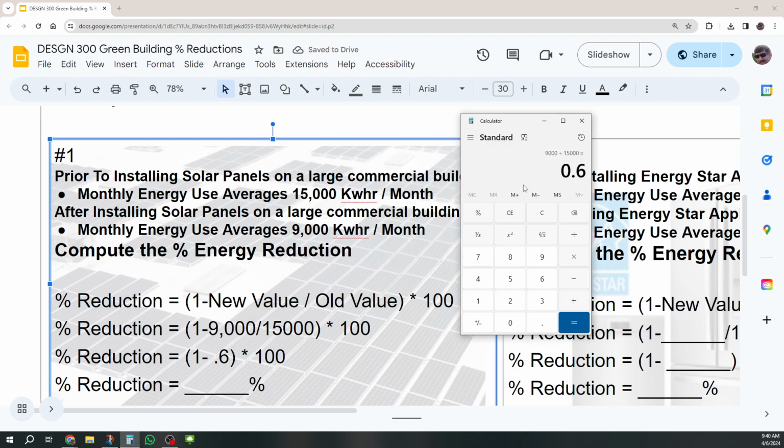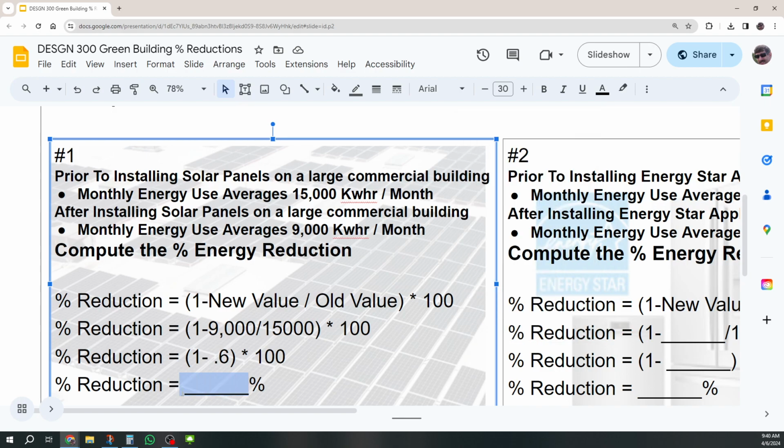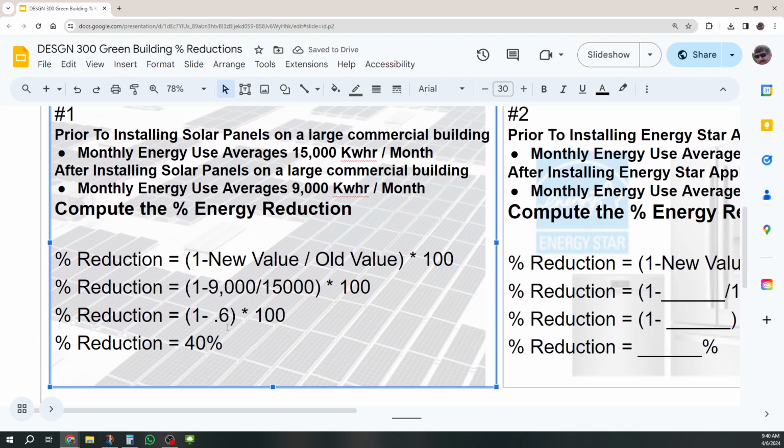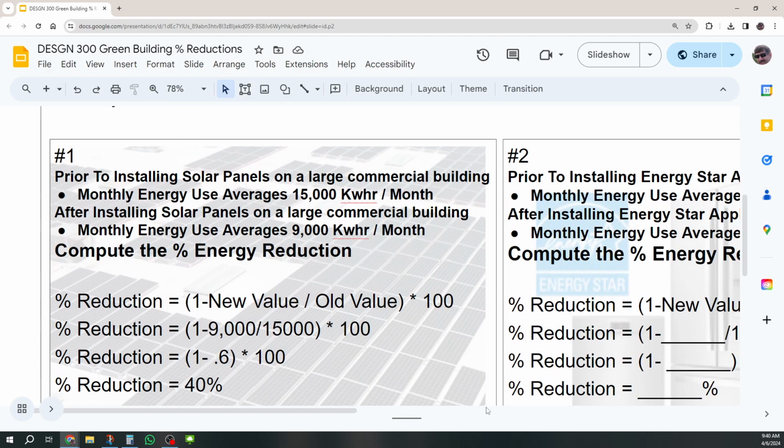So now I need 1 minus 0.6, times 100. 40. I got a 40% reduction. Oop, the percent was already there. Okay, so that's how you do it, and you do it for each one of these.